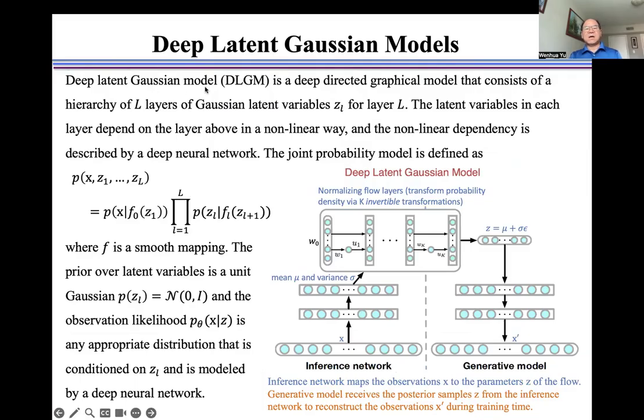Deep latent Gaussian model is a deep directed graphical model that consists of a hierarchy of L layers of Gaussian latent variables, z_l for layer l. The latent variables in each layer depend on the layer above in a nonlinear way, and the nonlinear dependency is described by a deep neural network.